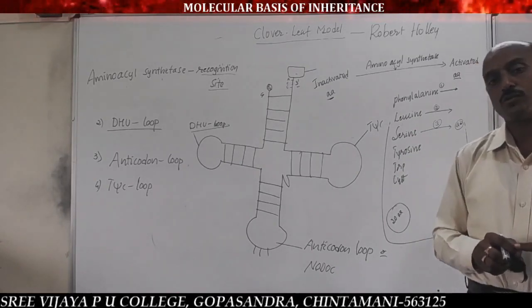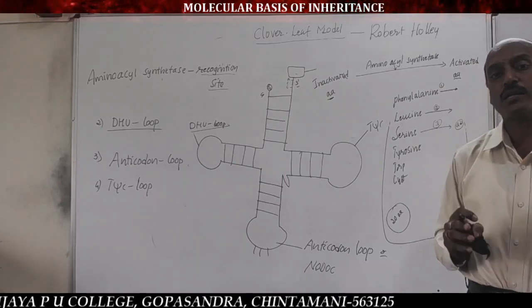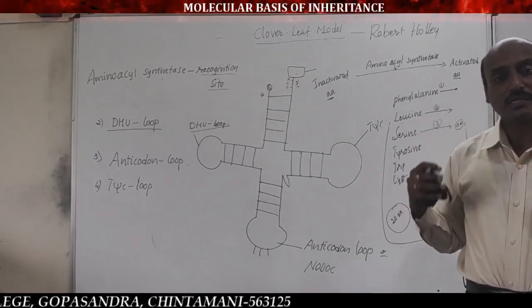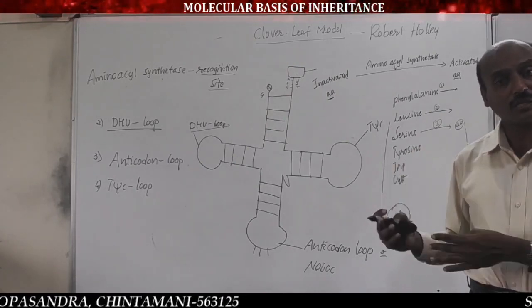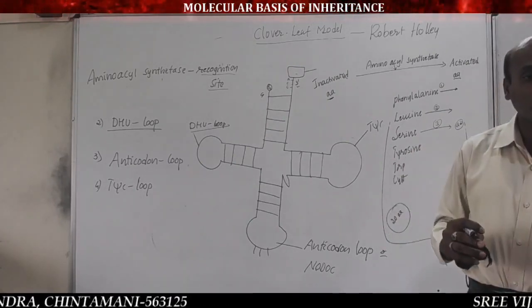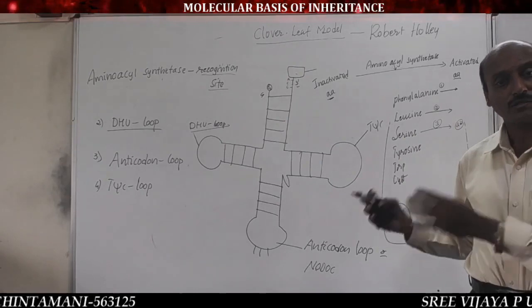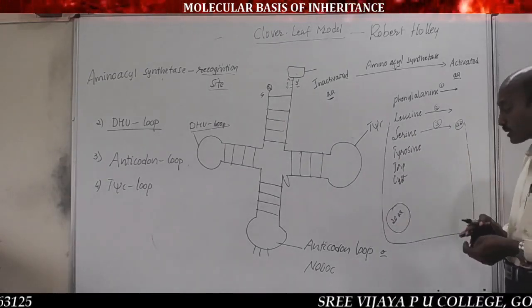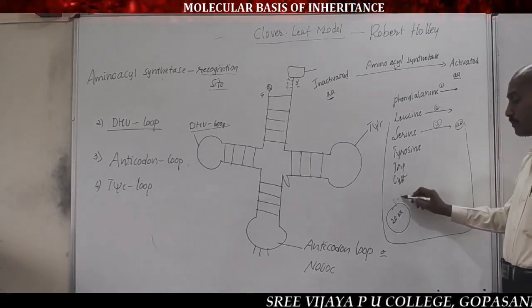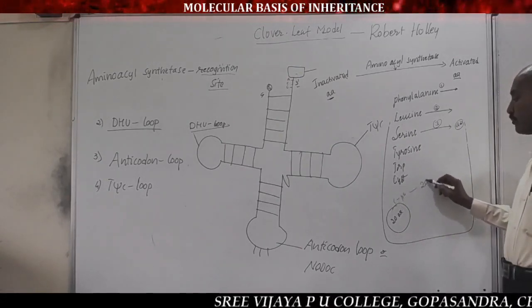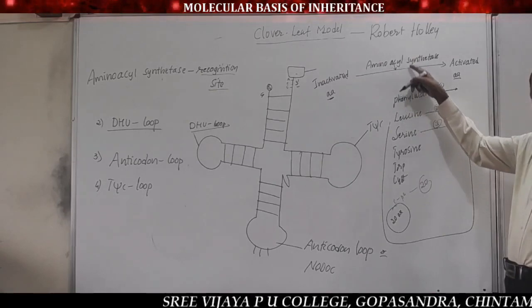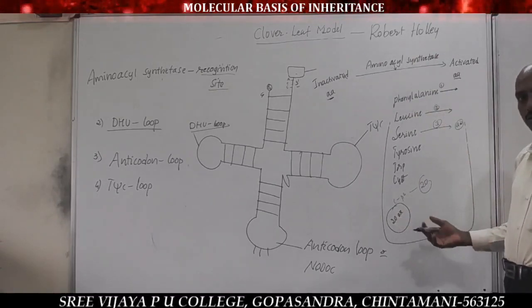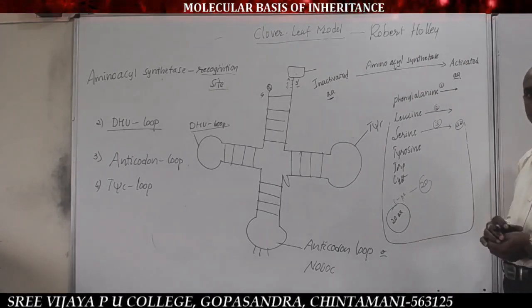This is because the cytoplasm of the cell contains 20 different types of amino acid synthetase enzymes for the conversion of inactivated amino acids into activated amino acids. Very important: the cytoplasm of the cell contains 20 different types of amino acid synthetase enzymes, because the cytoplasm contains 20 inactivated amino acids.